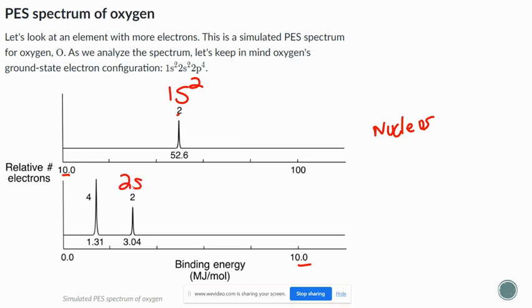This is going to be 2s2. And then following that, after 2s comes 2p. And this is going to be 2p4. So here's my electron configuration. I have to figure out what this is. I find that electron configuration is oxygen.